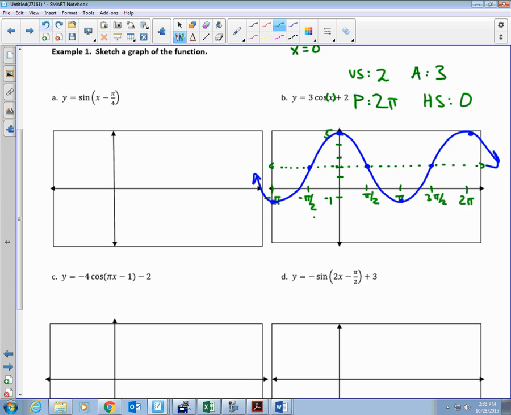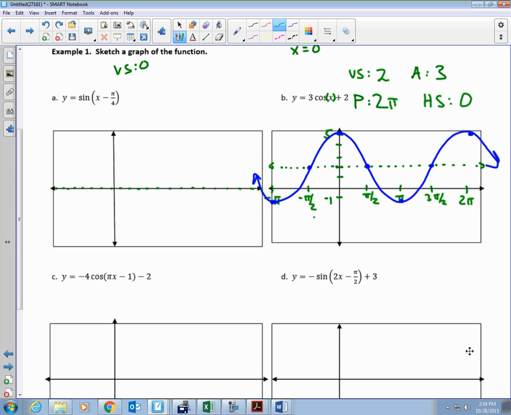Let's go back to A. What's the vertical shift? What's the D value on the outside here? 0. There's no vertical shift. So therefore, it's centered right along the x-axis. Yeah. Okay. So this is centered at 0.